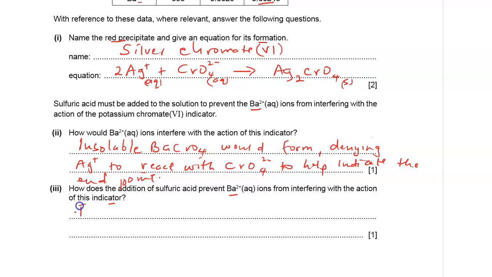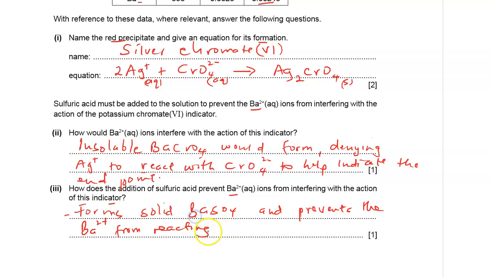So when you add sulfuric acid, the sulfate ions with the barium ions form a solid, barium sulfate, and this prevents the barium ions from reacting with the chromate ions.